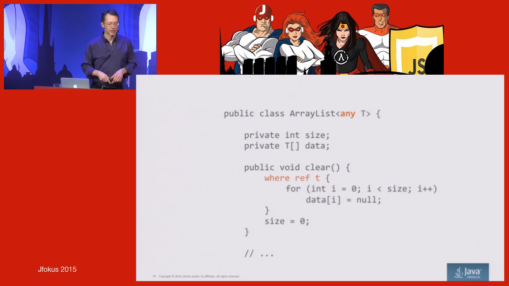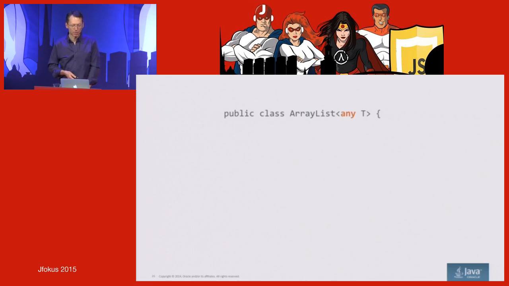If it's not a reference type, then don't include it. Just set size equal to 0, and that's all you need to do. So specialization is opt-in, and then we have this notion of conditional code. The conditional code is useful for solving some other problems that will show up.